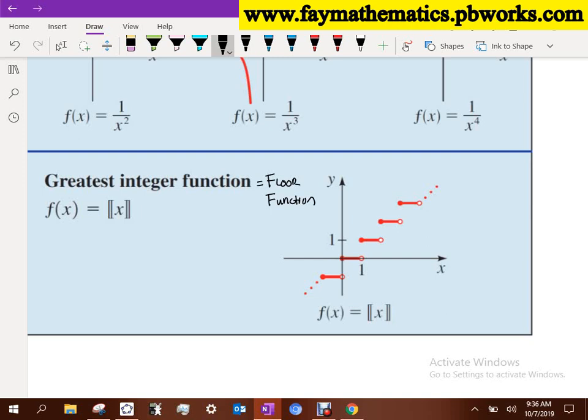Let me explain this with some different notation you can use. That symbol right there is a square bracket, and they add that little vertical line there to differentiate. But you also see sometimes the greatest integer function written this way.